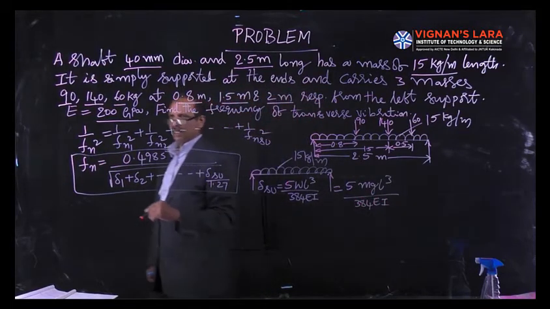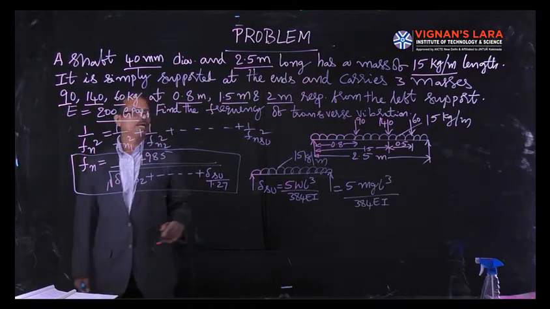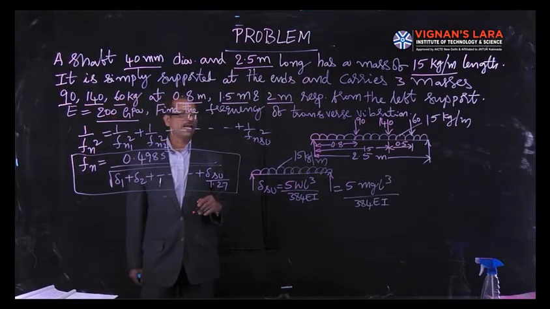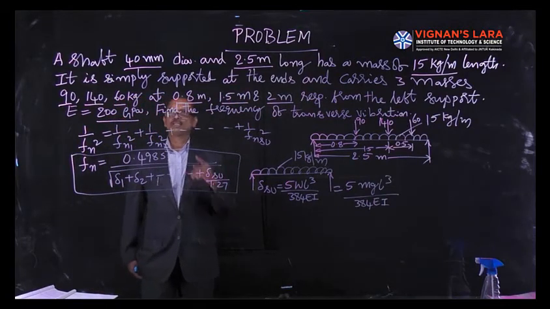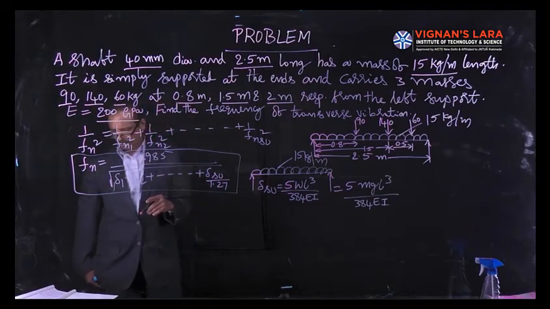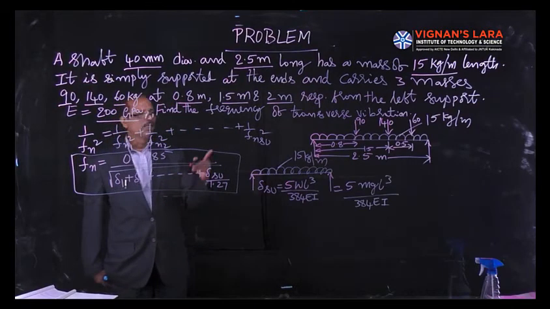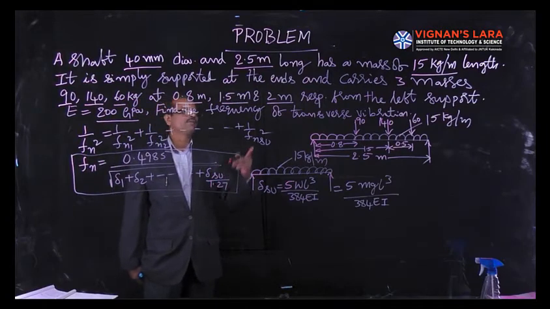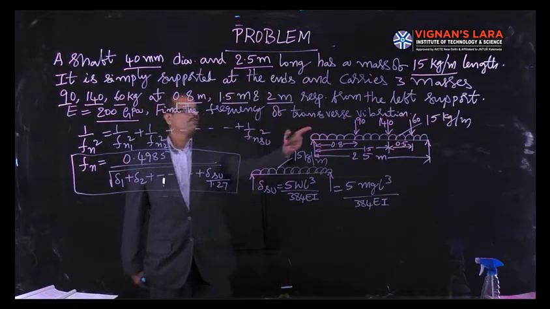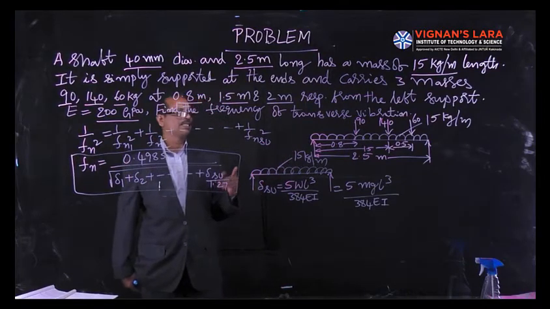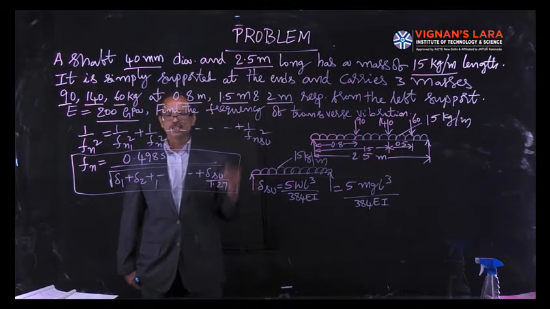So it is given the values of E 200 GPa. Okay, I is known, that is pi by 64 d to the power of 4. Then the other values are, M is given like 15 kg per meter, G is 9.81 and L is 2.5.